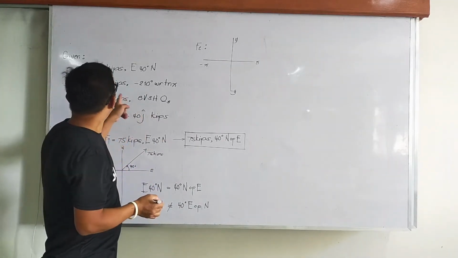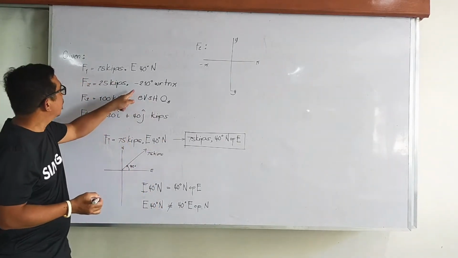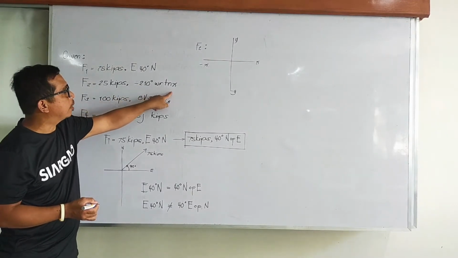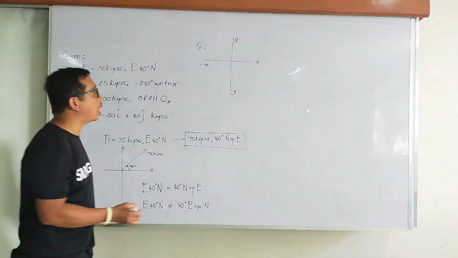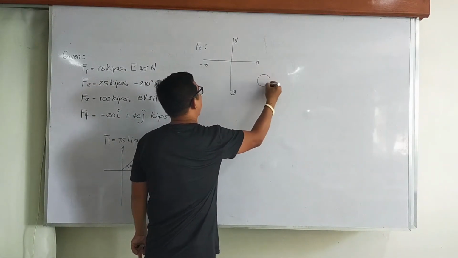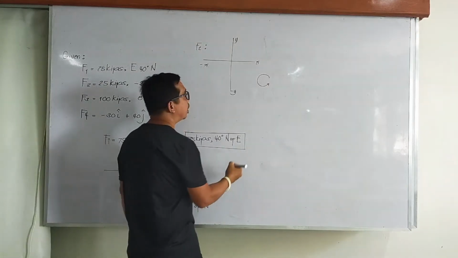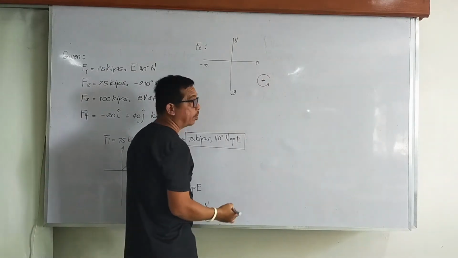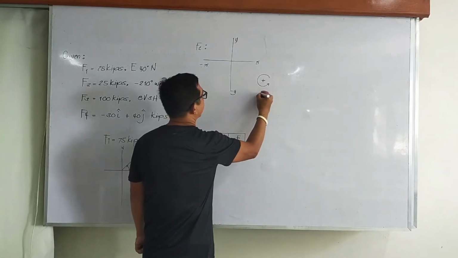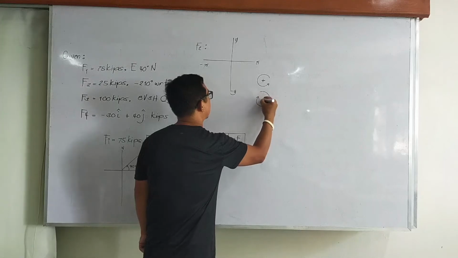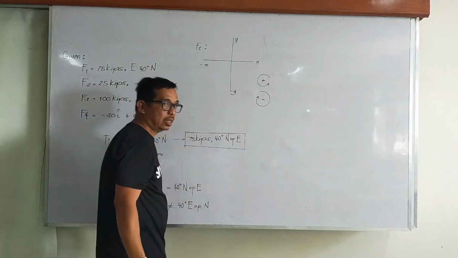So, kung sinasabi natin na ang bearing is negative 210 with respect to negative x. Again, ang turo sa atin sa triangle, kapag counterclockwise ang reading ng angle, we assign it as positive. And if the reading is clockwise, that is a negative angle.